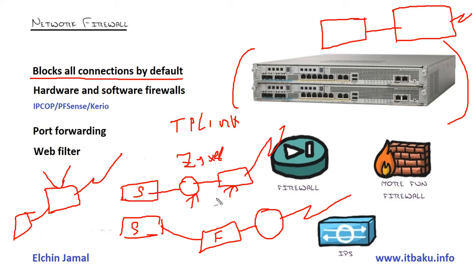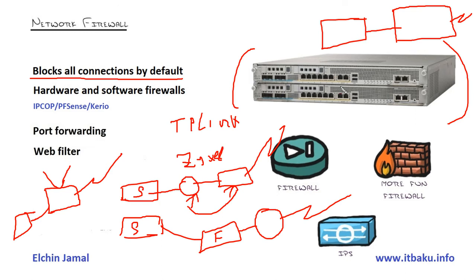And in this scenario, the router is connected to the internet and the firewall is behind the router. In this scenario, the router is behind the firewall, but in this scenario, the firewall is behind the router. So we can connect these devices in different ways. But mostly we have one device which includes firewall and router. If we are in a mid-sized office or big office, mostly we use two devices.